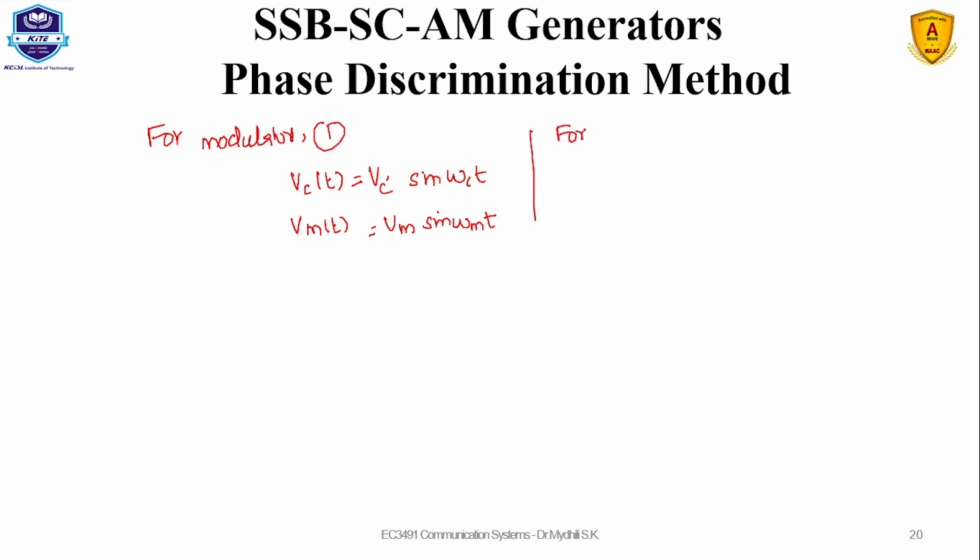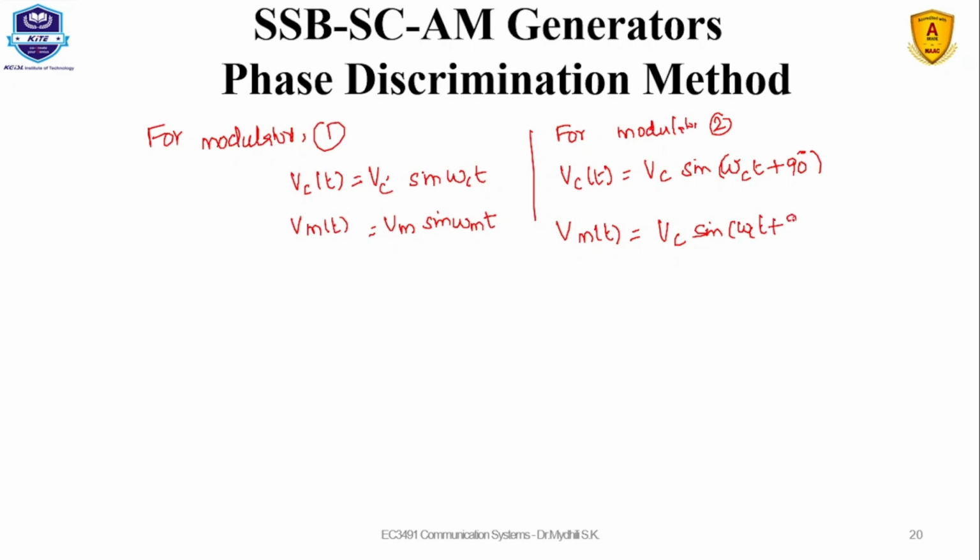Next is modulator 2. Here we'll have a phase shift: Vc of t, I am taking it as Vc sin omega ct plus a phase shift of 90 degrees. Whereas in the message signal, Vm of t is taken as Vm sin omega mt plus a 90 degree phase shift.